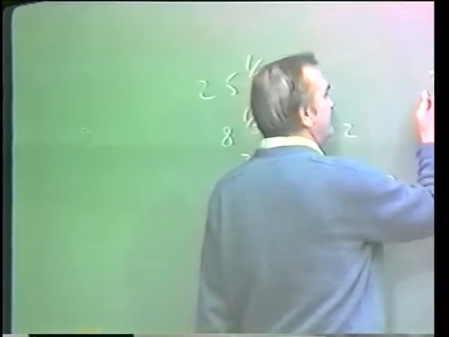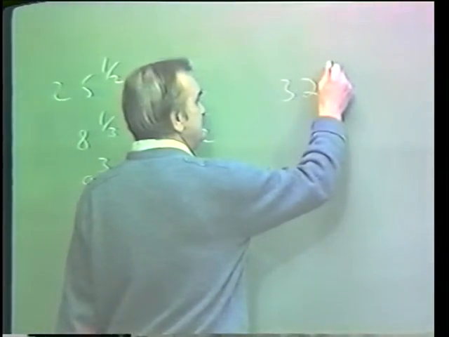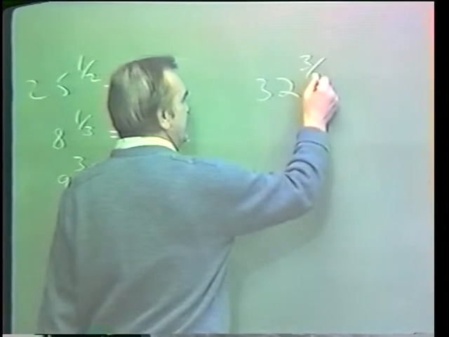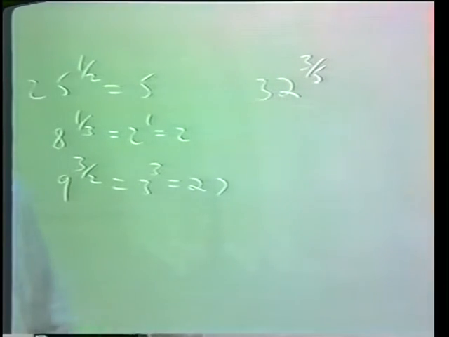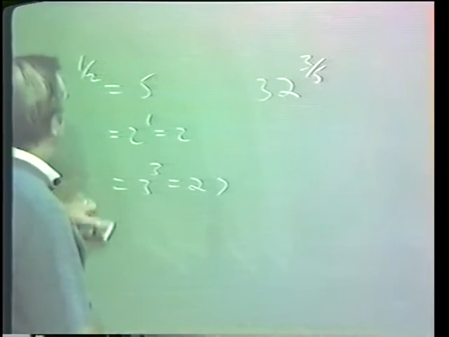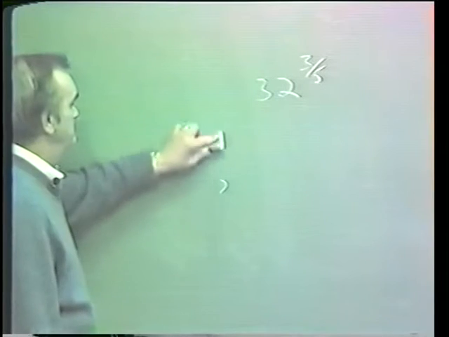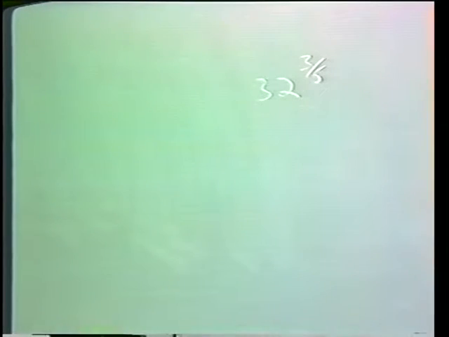What if we have 32 to the 3/5? Kathy, you have something? 8.